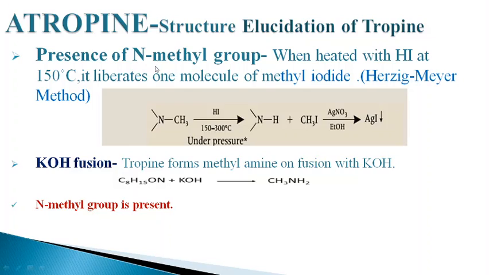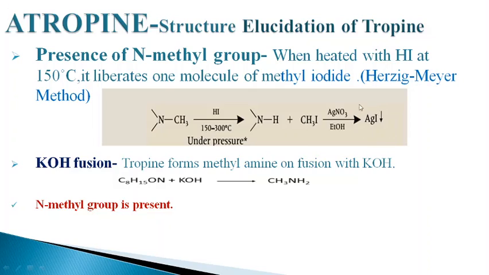Next step is the presence of the N-methyl group. When atropine or tropine is treated with hydrogen iodide at around 150 to 300 degrees centigrade under pressure, one molecule of HI gives out one molecule of methyl iodide, which when treated with silver nitrate in the presence of ethanol, precipitates out as silver iodide.